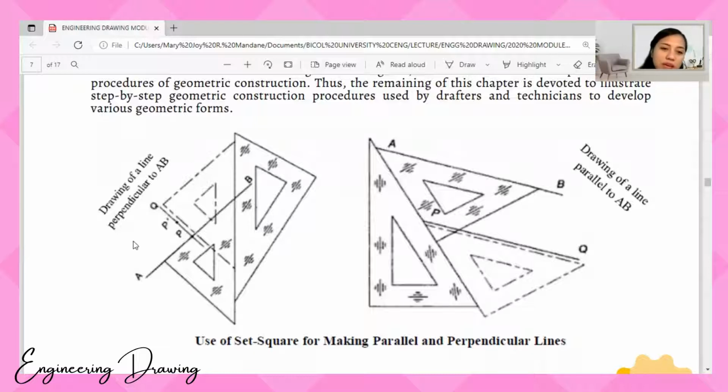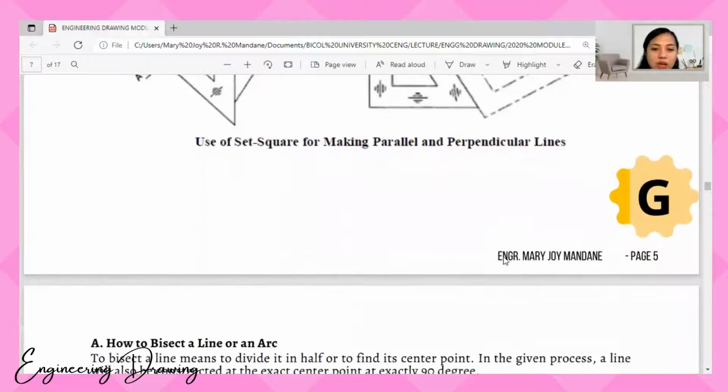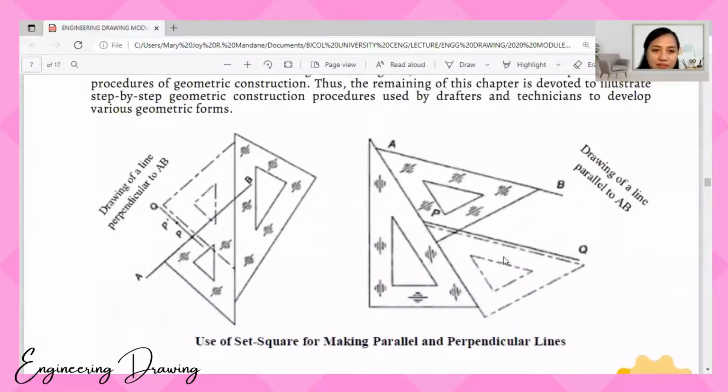So, ito yung magiging basis. Okay? So, you need to slide up para makadraw kayo ng perpendicular. Drawing of a line parallel to AB yan. Ito naman. So, use an offset square, or if you have this square, you can use it for making parallel and perpendicular lines. Okay, so gagamitin natin yan.